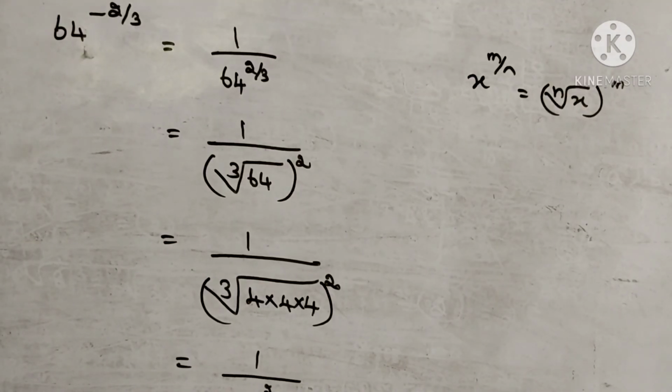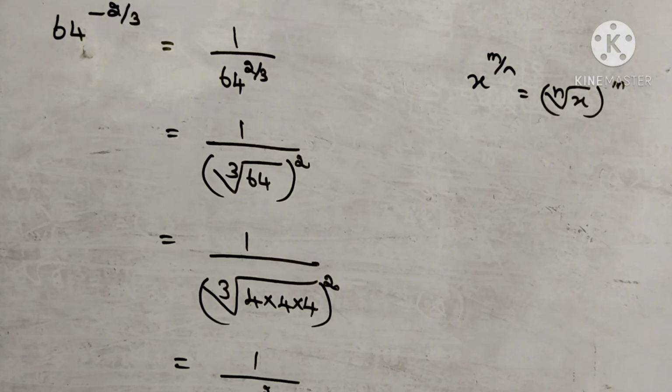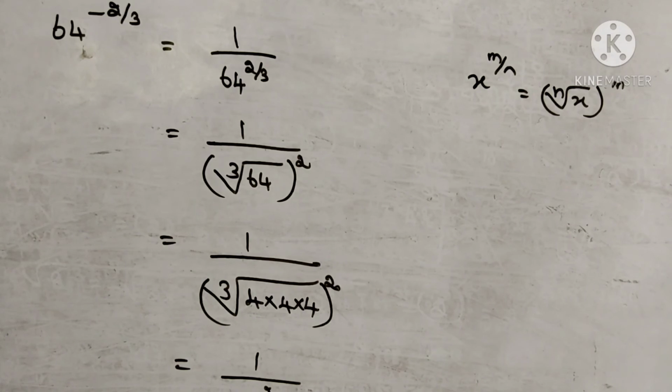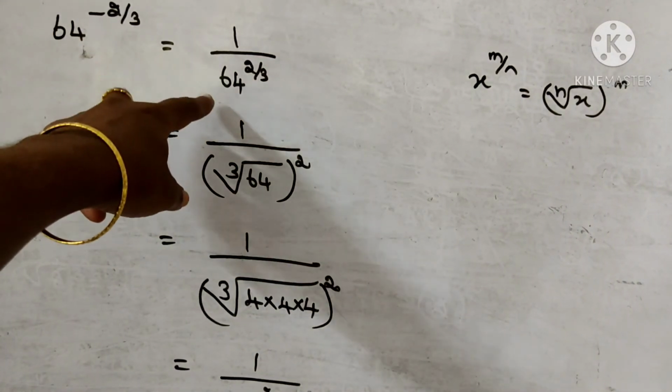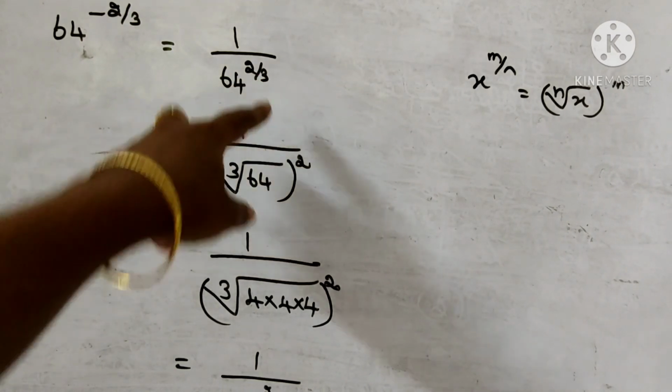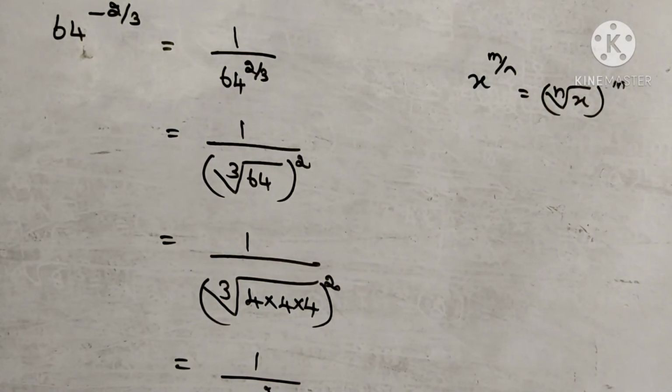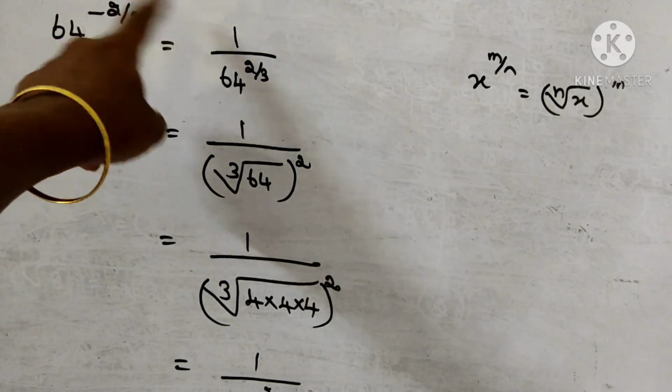Listen to the second part: 64 power minus 2 by 3. Since the exponent is negative, write in the inverse fraction form: 1 by 64 power 2 by 3. The exponent becomes positive because we take the inverse.